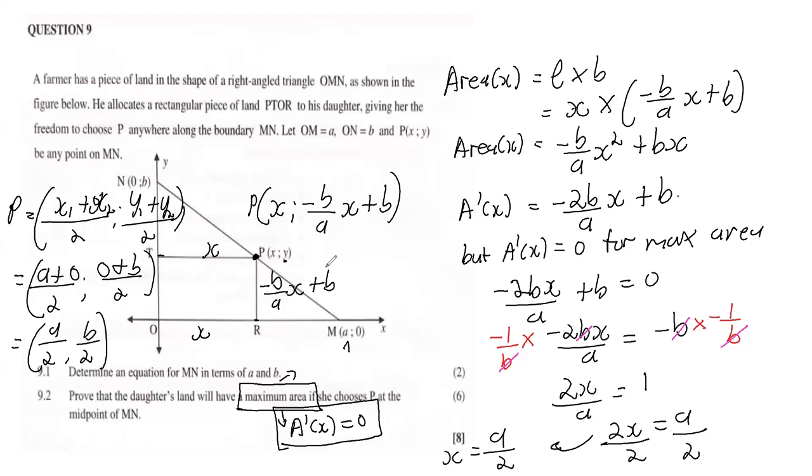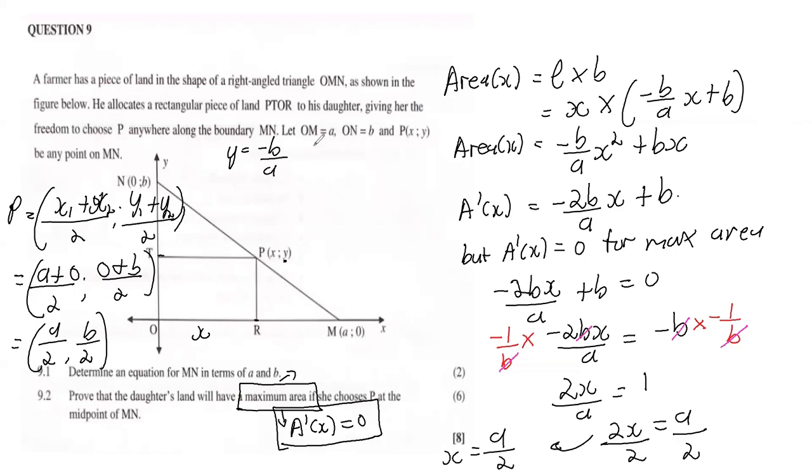So if we find that our x is equal to a over 2, if we have found x, we can substitute the x value in here to find the y value, right? Because remember, P is on the straight line MN, and we already found the equation to be y is equal to negative b over a x plus b.